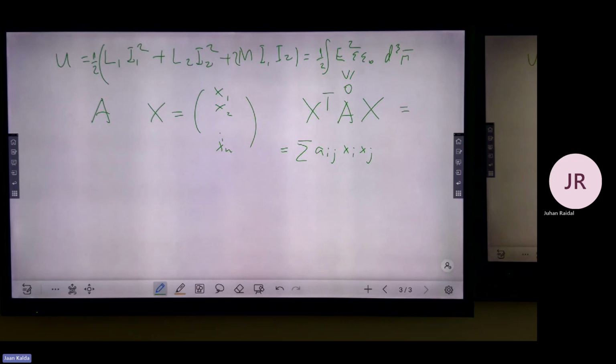This is positive definite. And analogously negative definite. And then you can have a situation when it can take 0 even if x is non-zero. This is either non-negative or non-positive, something like that.